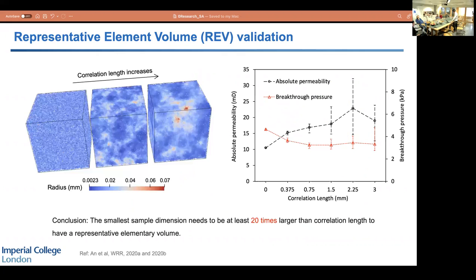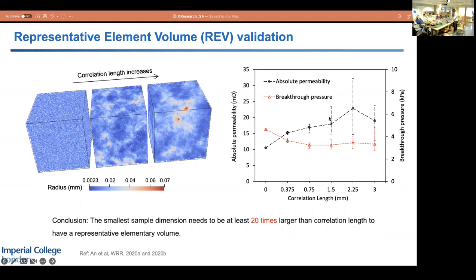Okay, after we get the model, we did the hydrodynamic simulation, and the first is the absolute permeability and the drainage capillary pressure. So for the correlation, we can increase it as much as we want, but for the realization, the REV, we should guarantee it before we do the simulations.